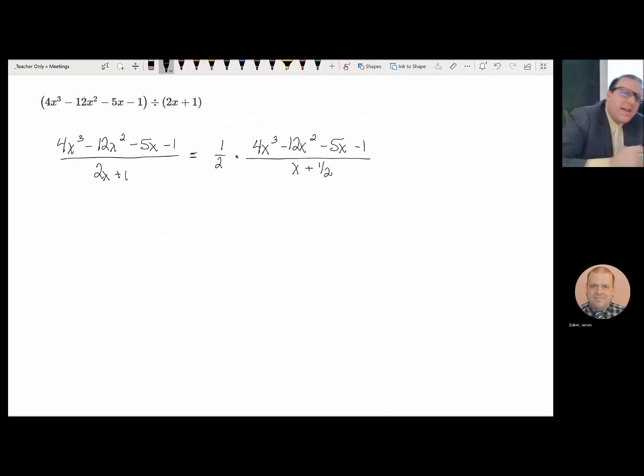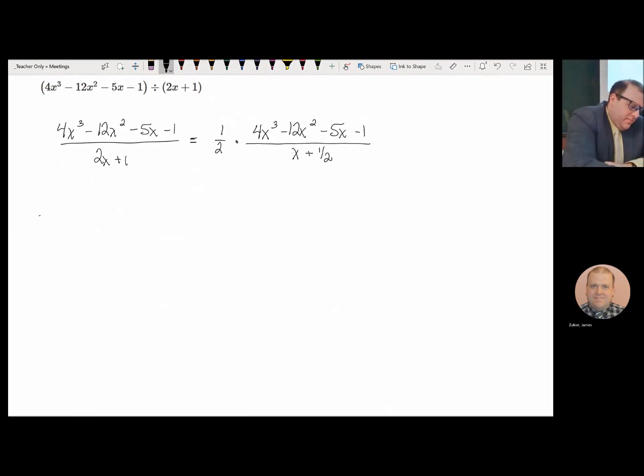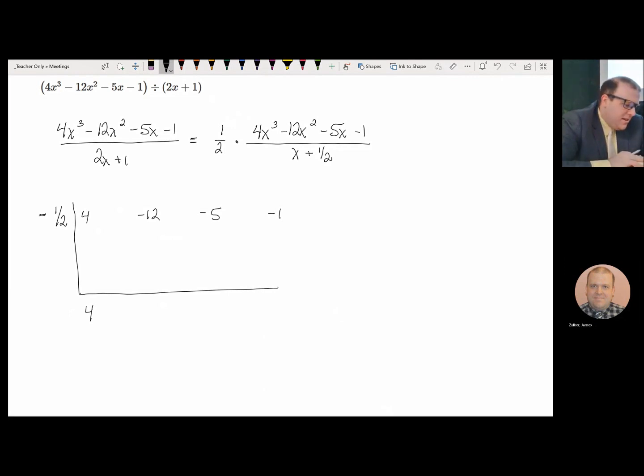And then we're left with what, x plus 1/2? That would make a what? -1/2, right? Then the coefficients: 4, -12, -5, -1. 4 drops down, times -1/2 is -2, minus 12 is -14, times -1/2 is 7, minus 5 is 2, times -1/2 is -1, minus 1 is -2.